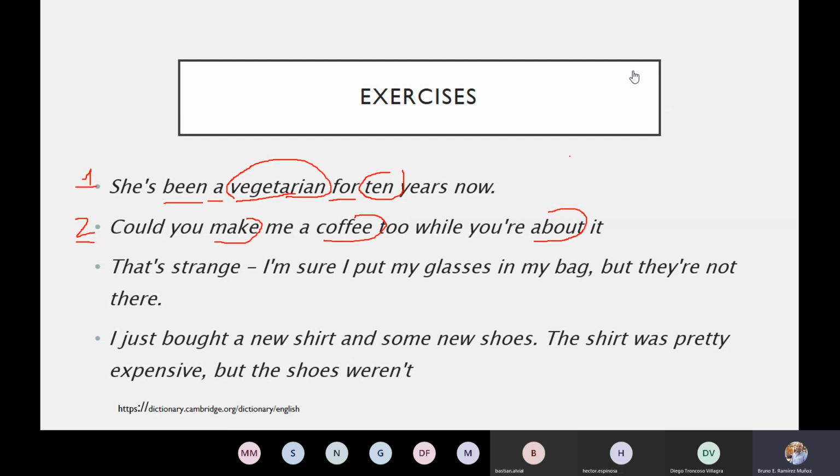Are you coming from Santiago? No, I'm traveling to Santiago. So the preposition to is usually used in the weak form, to.